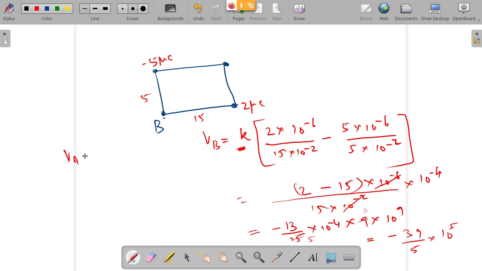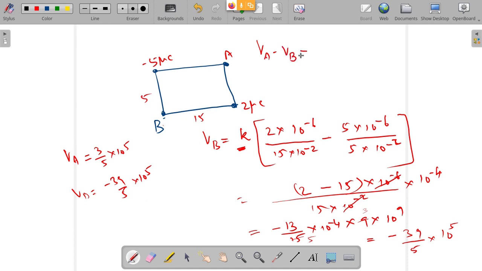Now VA and VB. VA, how much did you get? VA we got 3 by 5 into 10 power 5. Now VB, how much are you getting? Minus 39 by 5 into 10 power 5. So the potential difference between these two points A and B therefore is VA minus VB. But you are going from B to A. Either way you do, the difference is the same.